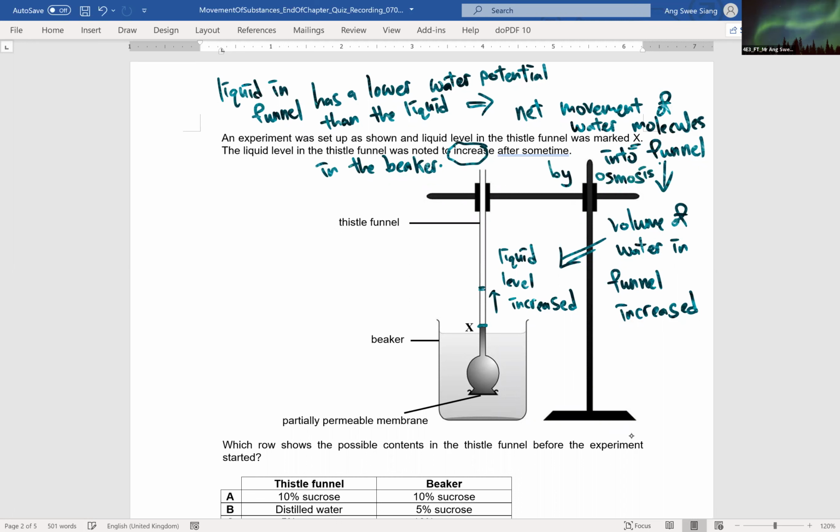Okay, so let's look at the options given. Which one fulfills this criteria, whereby the liquid in the funnel has a lower water potential, whereas the liquid in the beaker has a higher water potential.